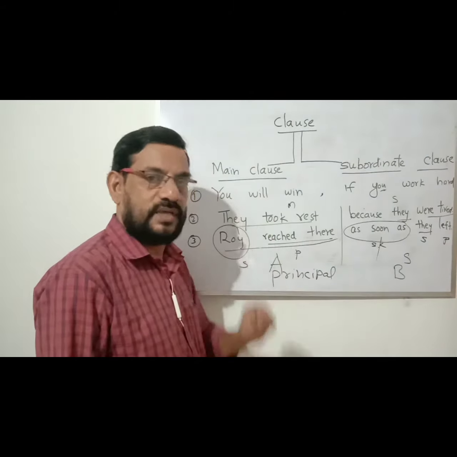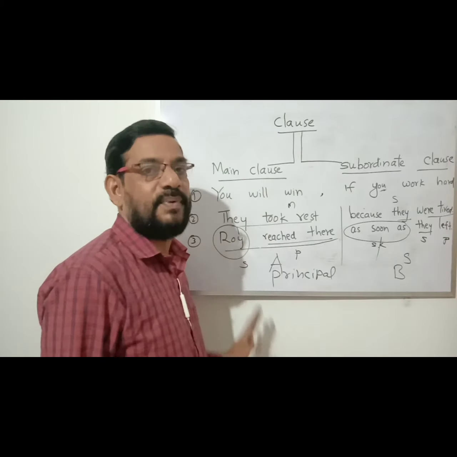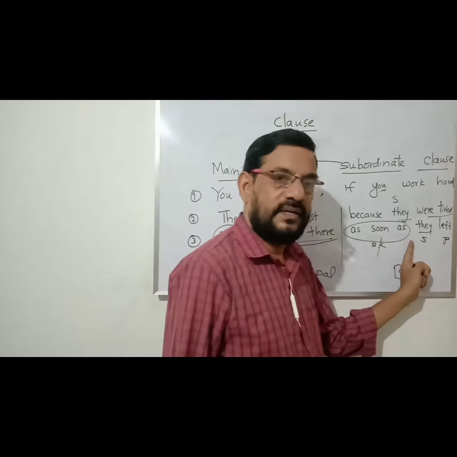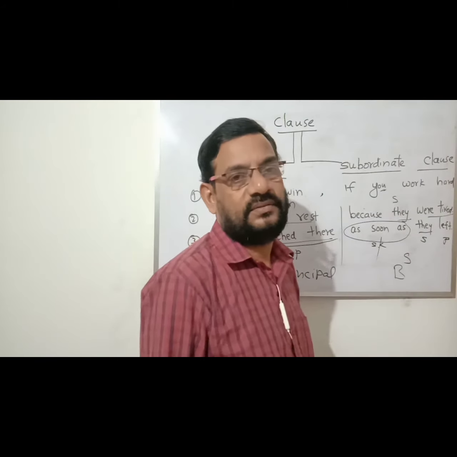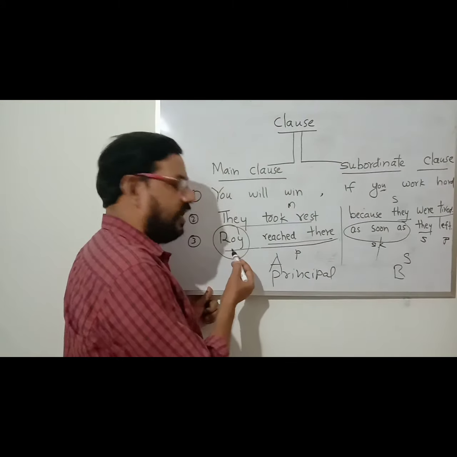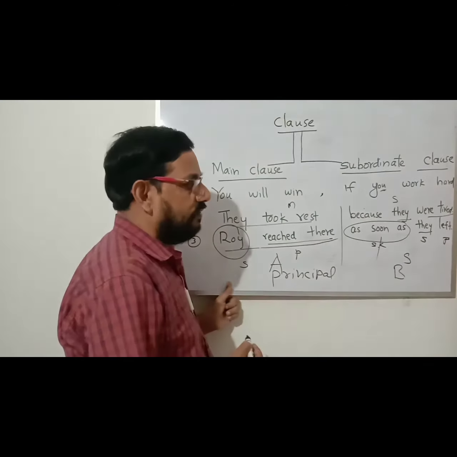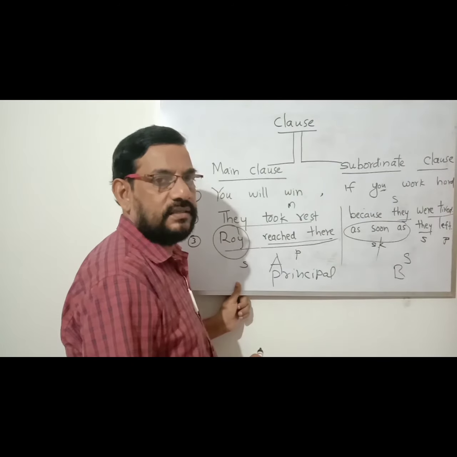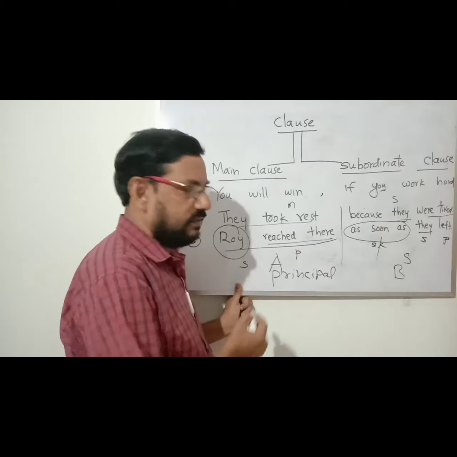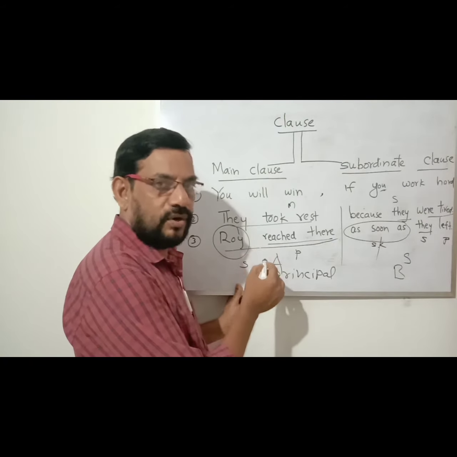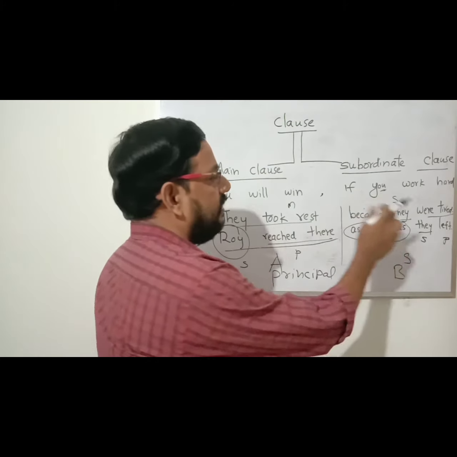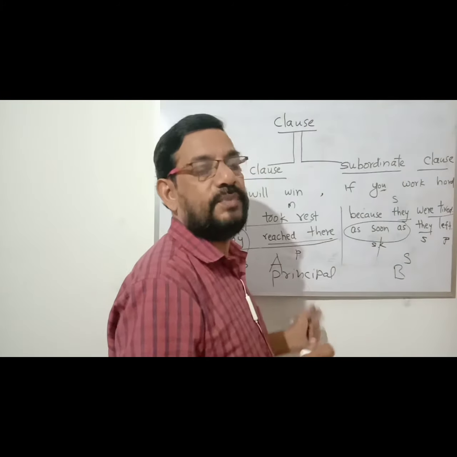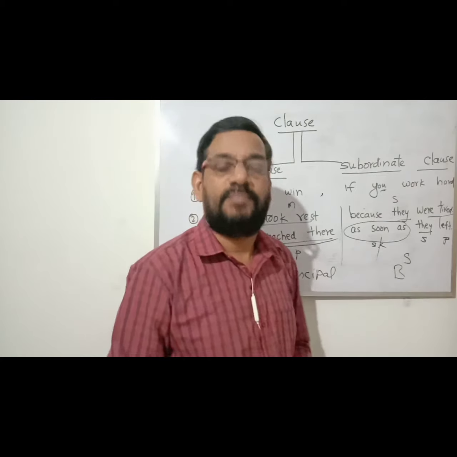This is a subordinate clause, B clause, dependent clause. So in the last example, when we examine it, we know that this sentence carries two clauses. The first clause is the main clause because the meaning is complete, and the second clause is the subordinate clause because the meaning is incomplete.